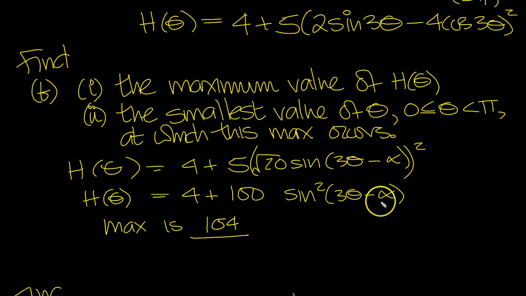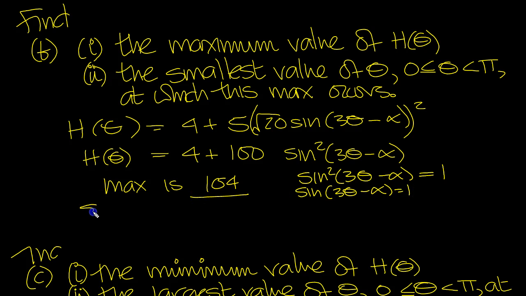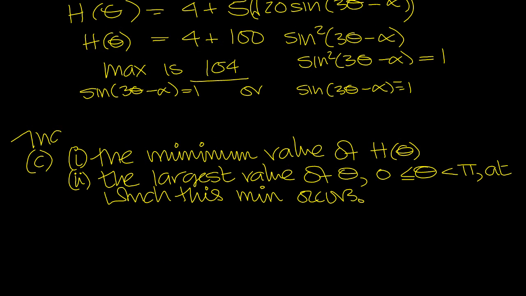So when does sine squared (3 theta minus alpha) equal 1? Sine squared (3 theta minus alpha) equals 1 when sine (3 theta minus alpha) is equal to 1 or minus 1. So we need to look at that more closely, don't we? Okay, good. So let's just give ourselves some room.